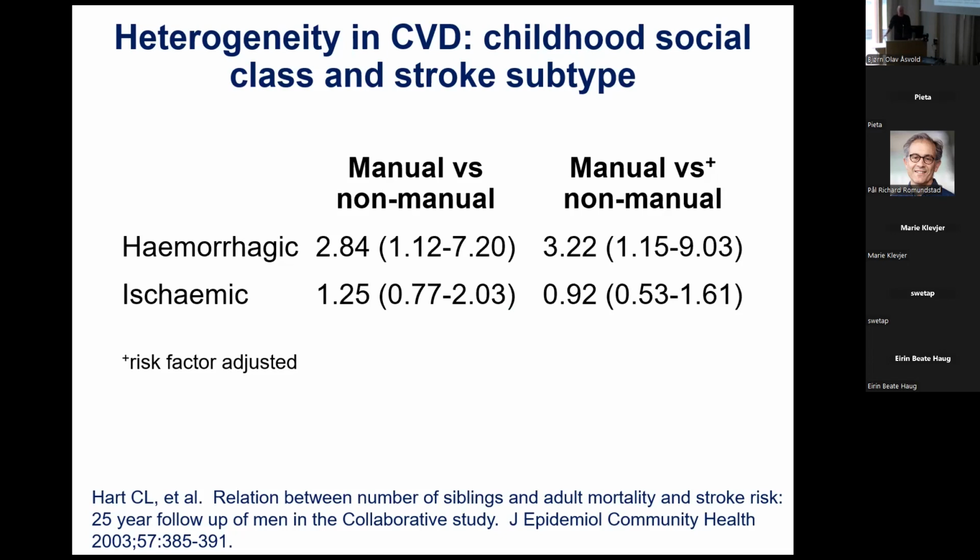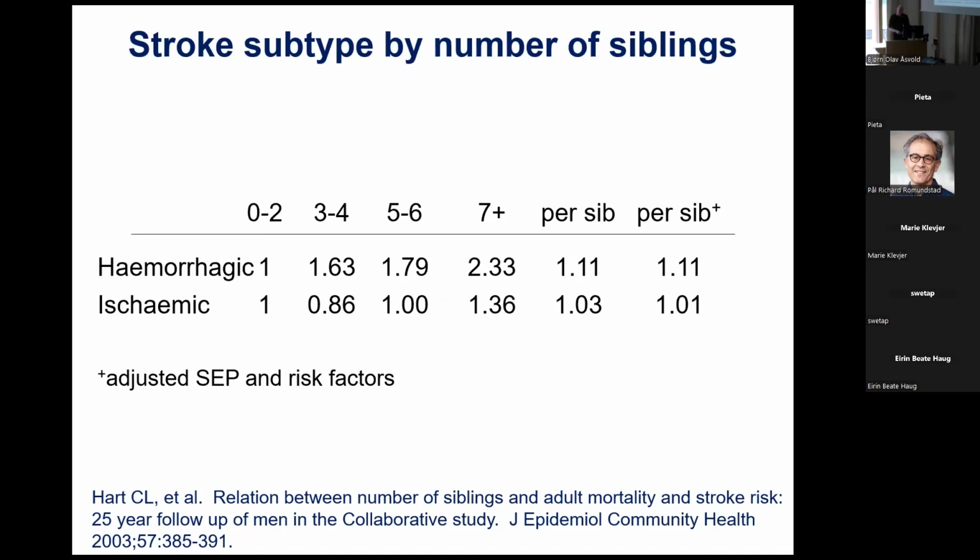So this is with two adjustments. Another factor would be the number of siblings you have. Larger families obviously have less wherewithal, and also higher risks of infectious infant mortality and severe diarrheal disease in childhood.